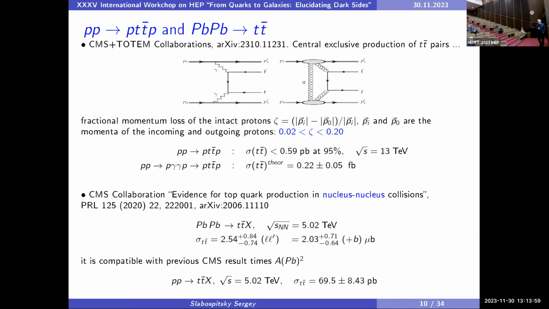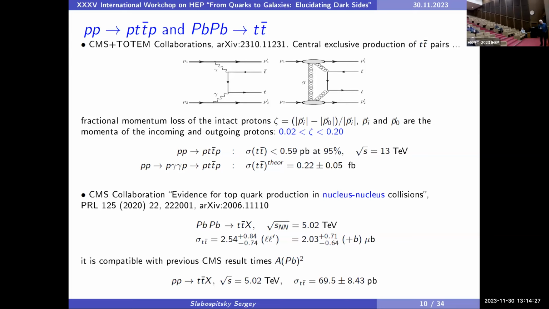From the theoretical point of view there are 2 processes which can produce these reactions. The first one is the usual gamma-gamma interaction, which certainly has a small cross section. But maybe the most interesting is the so-called 2 Pomeron interaction. At present we don't know explicitly what Pomeron means; we believe it's multi-gluon exchange, but who knows?